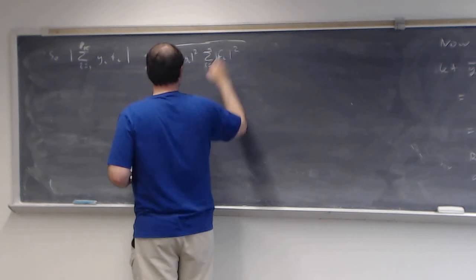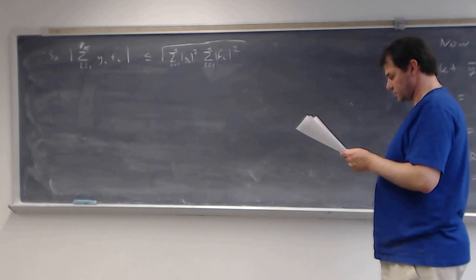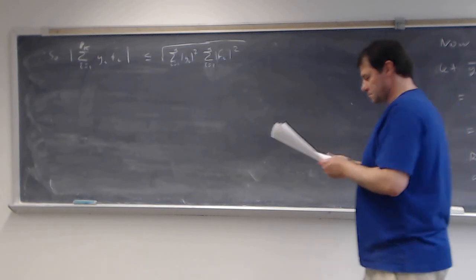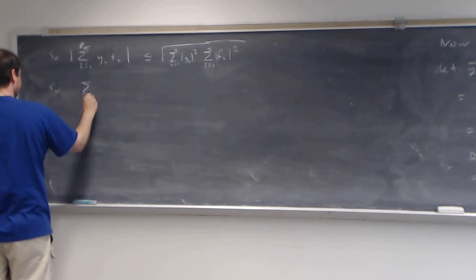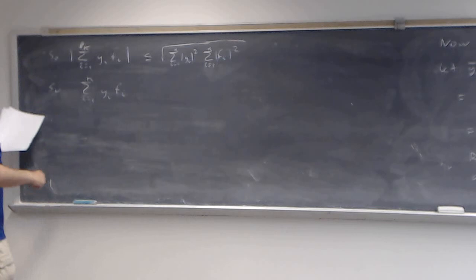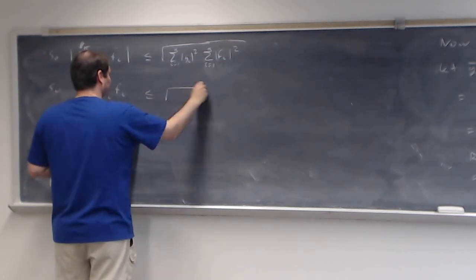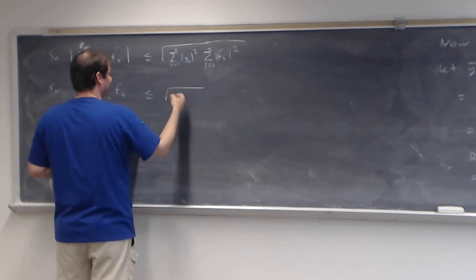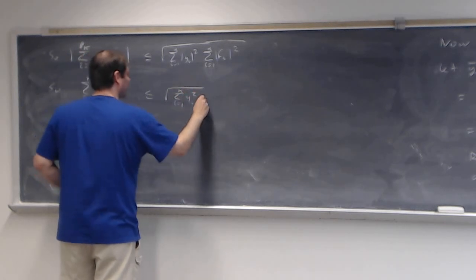There. Norms squared. So those are absolute values there. All right? And so if we look at the sum without absolute values, that's going to be less than or equal to the square root of, well, the absolute value of something squared is just that quantity squared, the sum, as i runs from 1 to k, of y i squared.